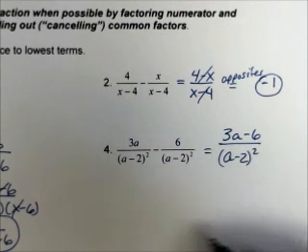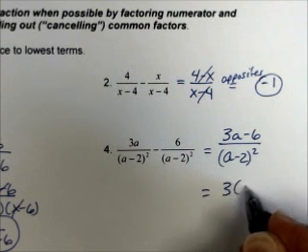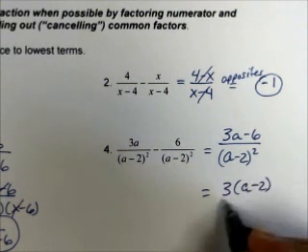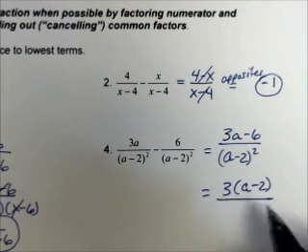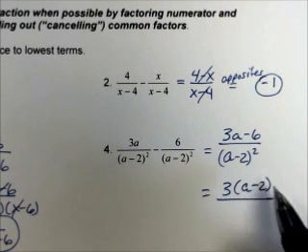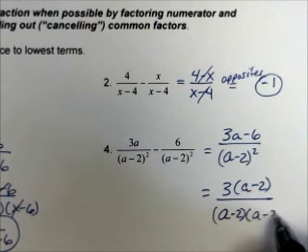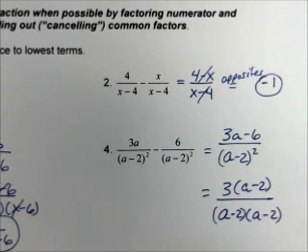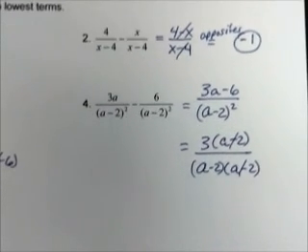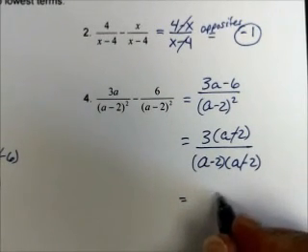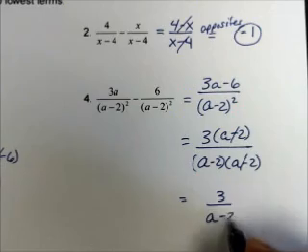There's a GCF in the numerator of 3 times a minus 2. And our denominator remains a minus 2 squared. And remember, if you want, you can write that as a minus 2 times a minus 2. And a minus 2 is divided out. So our final answer here would be 3 over a minus 2.